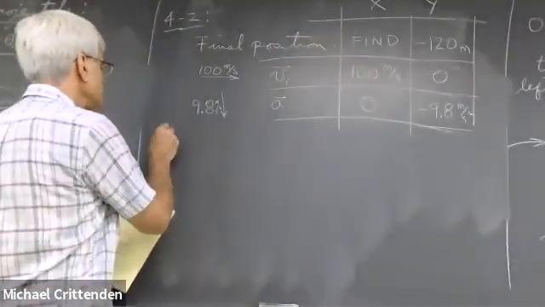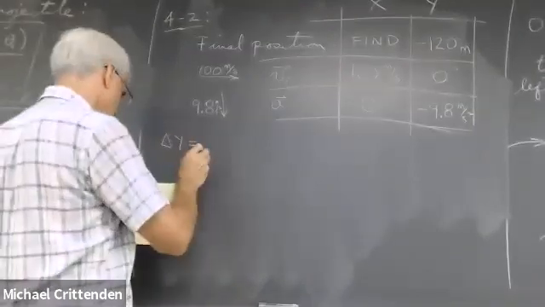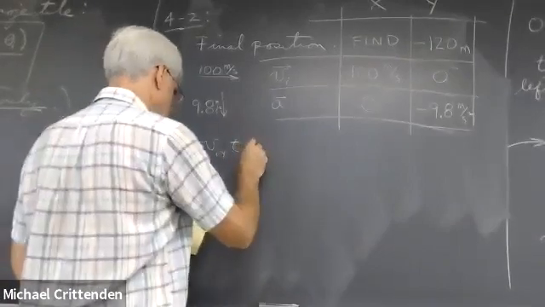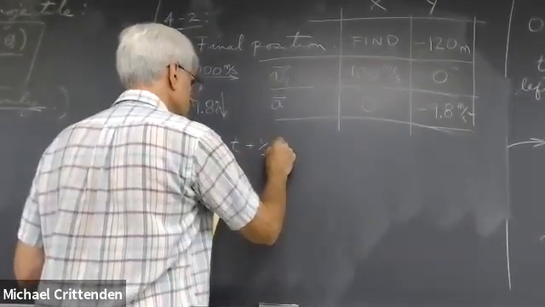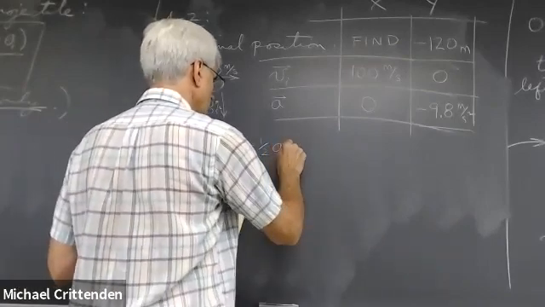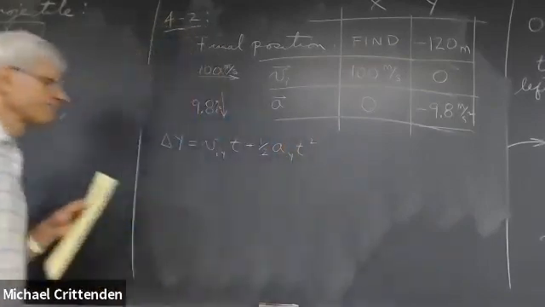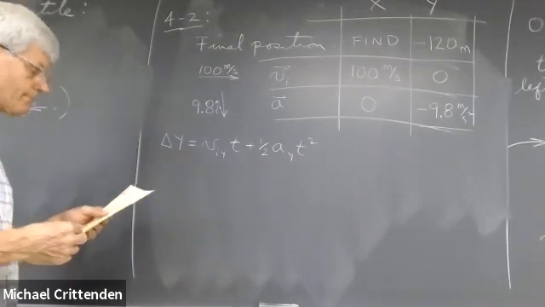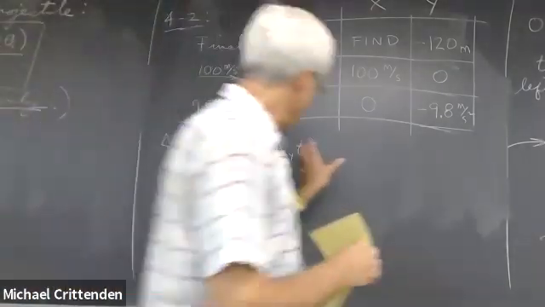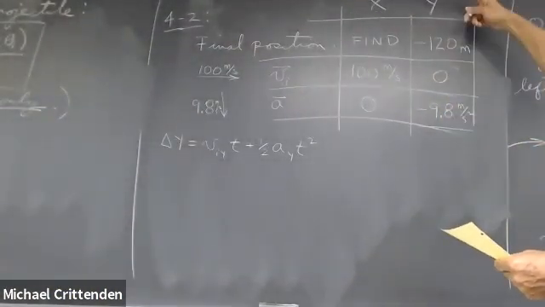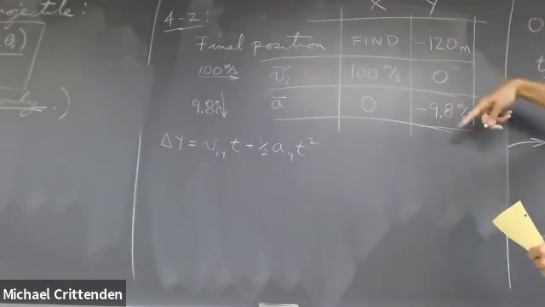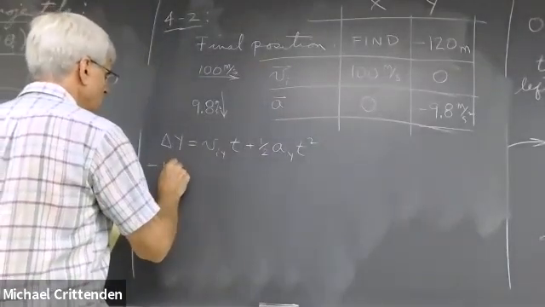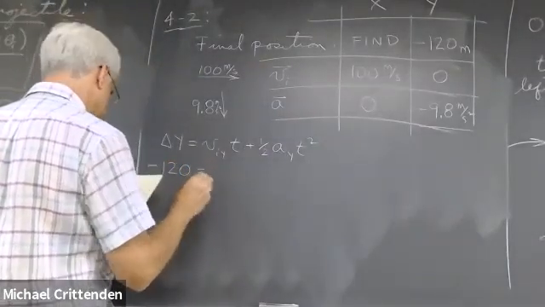So in the y direction, same thing I wrote in the other example. When you fill stuff into that equation, you stick to what's in the y column. So negative 120 meters for y.